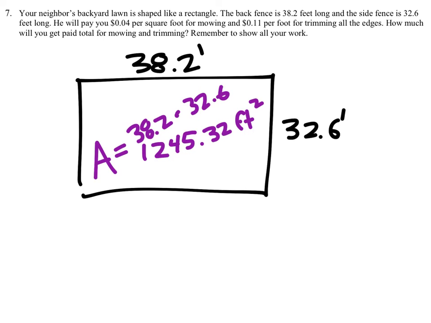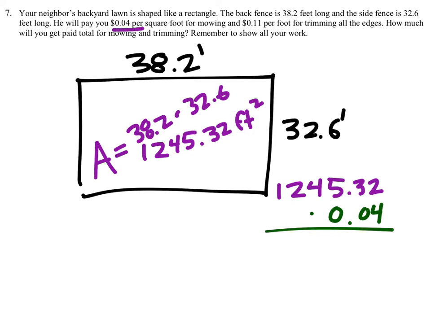And we can see that he's going to pay you 4 cents for every square foot. So we're going to take that value, 1245.32, and multiply this by 0.04. That will tell us how much he's going to pay you. So about $49.81 for the mowing.